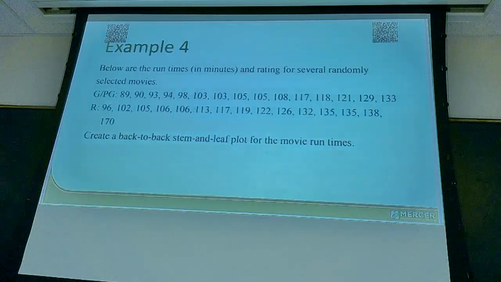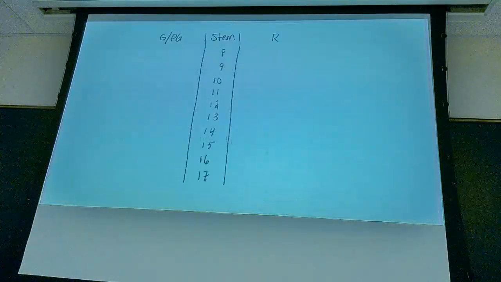So start with the G and PG rating. The 80s. This is where it gets a little difficult. I'm going to put it this way.